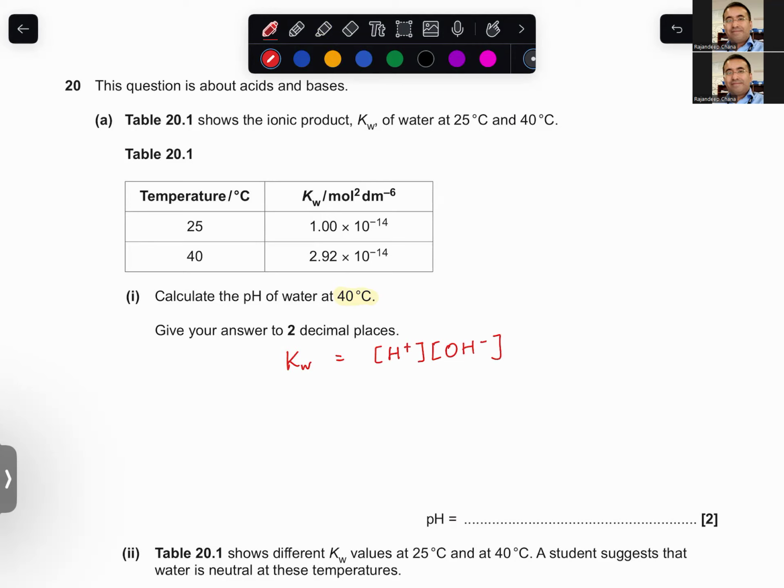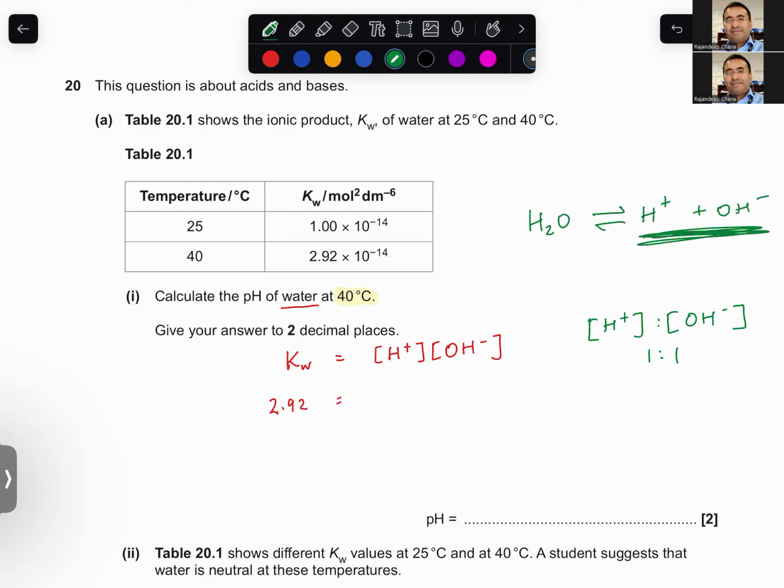Now, in this expression, Kw is a higher value, and because this is of water, we can assume that the concentration of H plus is equal to the concentration of the OH minus ions as a 1-to-1 ratio, because you see pure water will dissociate into H plus ions and OH minus ions, and these two dissociate in a 1-to-1 ratio to each other.